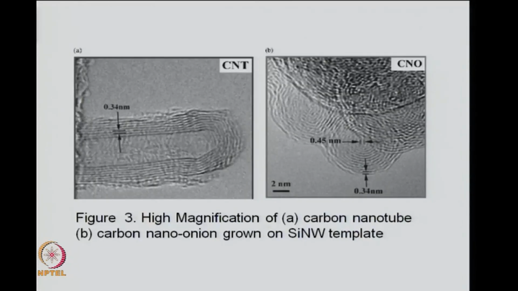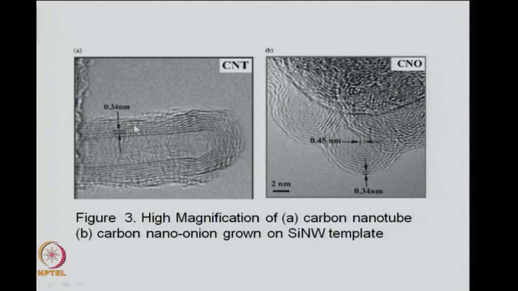To look at these carbon nanotubes more carefully, here is a high resolution transmission electron micrograph. So, you have to use an electron microscope, which is working under a voltage of around 200 to 300 kilovolts, and accelerated electrons come and hit the sample, which is loaded on a grid, which may be a copper grid or something, and the electrons then make an image of the particles that they see.